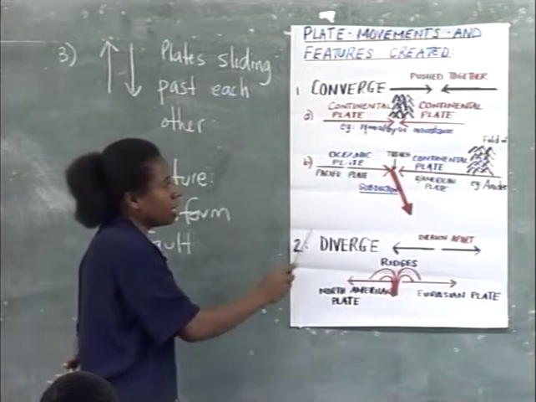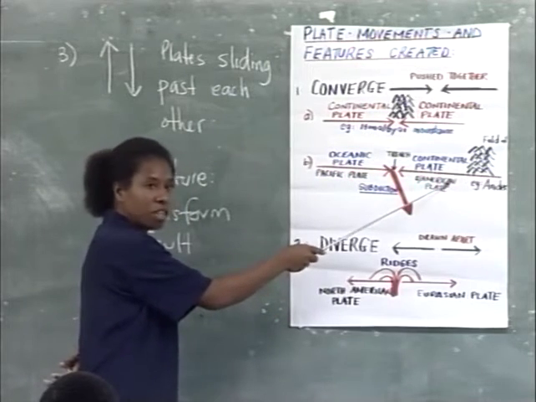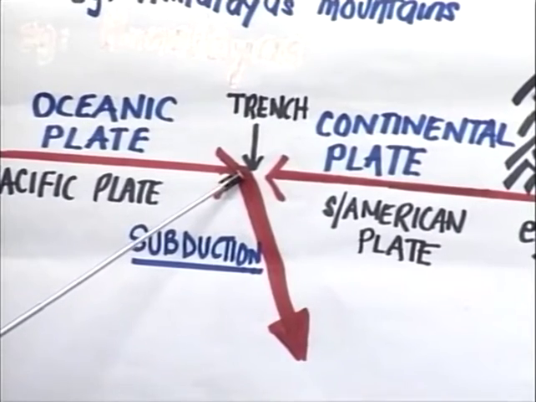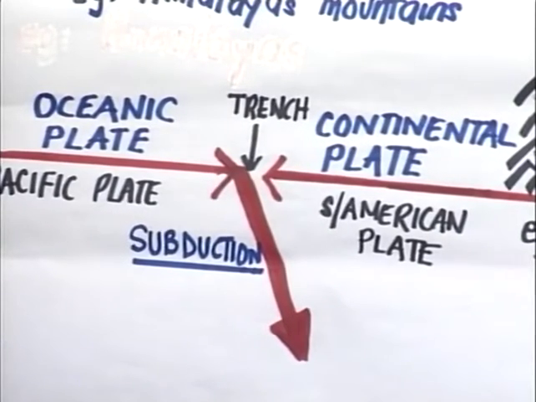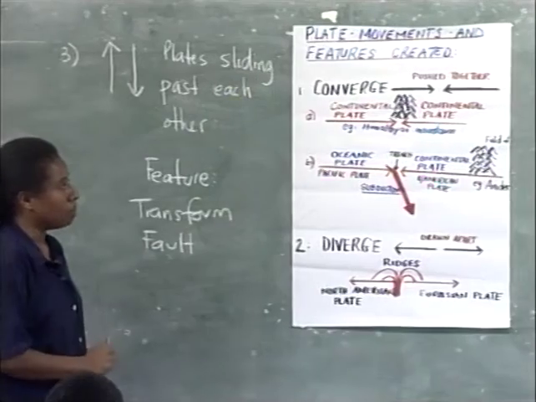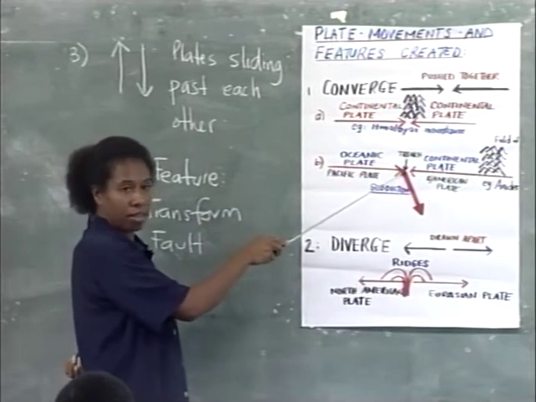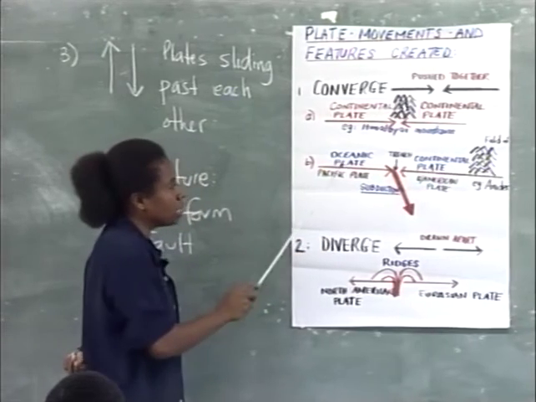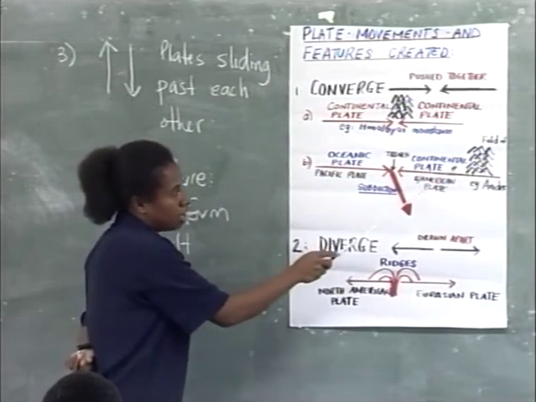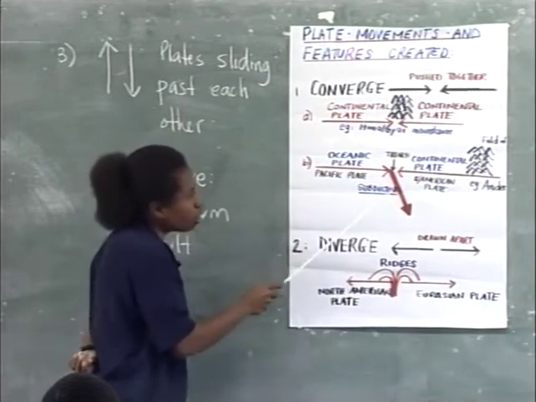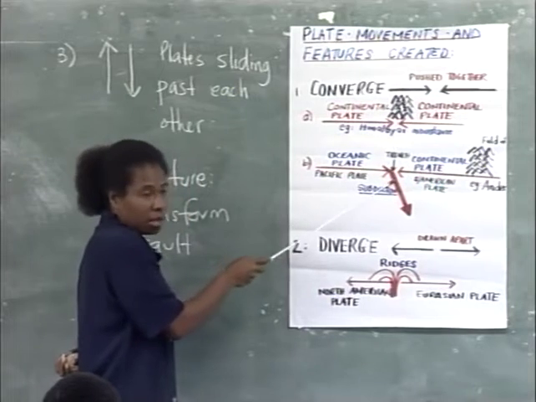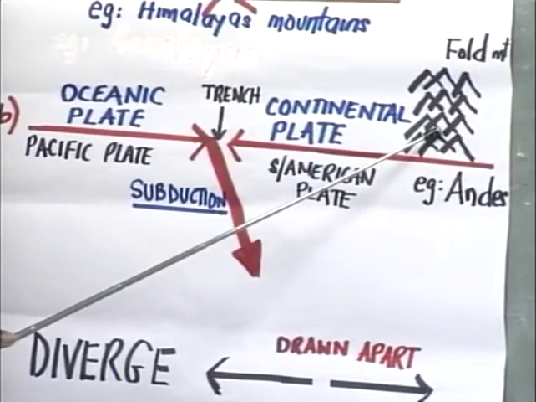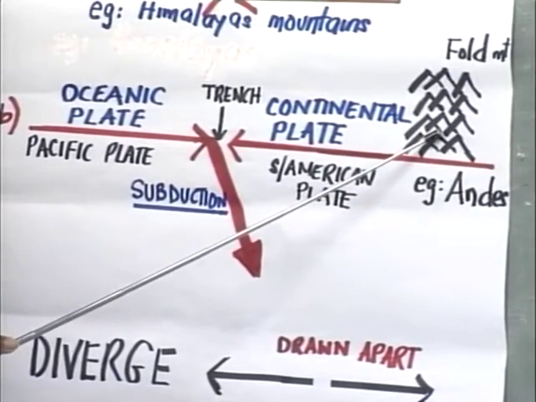When an oceanic plate meets another oceanic plate, the lighter of the two will subduct, resulting in the formation of a trench. Other features are created as well, besides the trench. Usually on the continental plate, if a continental plate meets an oceanic plate, there is buckling of the Earth's crust, not in the center where they meet, but usually on the continental plate, resulting in the formation of fold mountains.